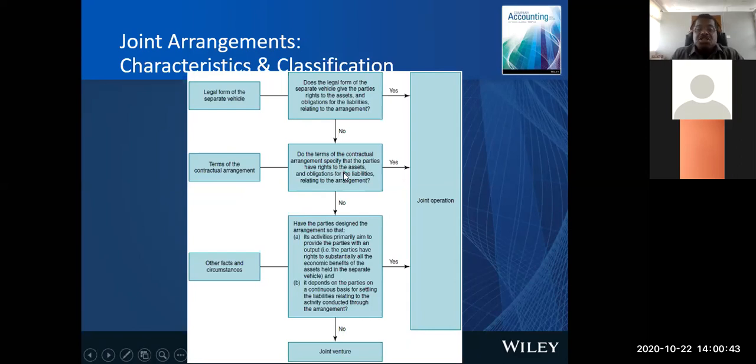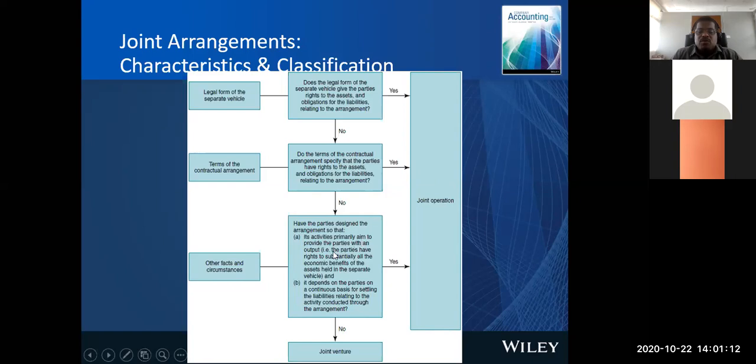Are there any conditions in the agreement stating that assets and liabilities belong to the particular operators? If the answer is yes, then the other factors, for example, is its activity primarily aimed to provide the parties with an output? It depends on the parties on a continuous basis for settling the liabilities relating to the activity conducted through the arrangement.